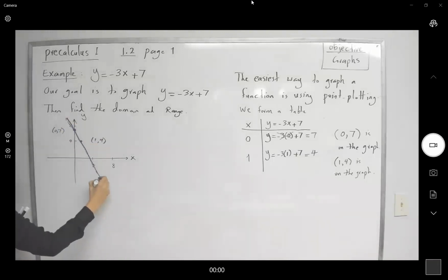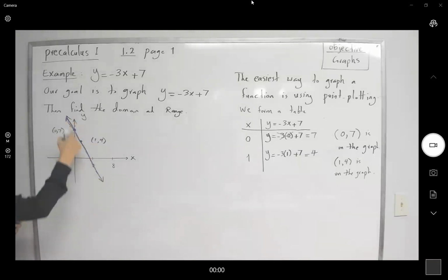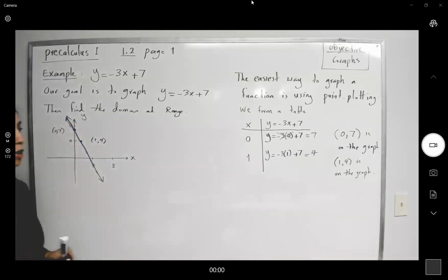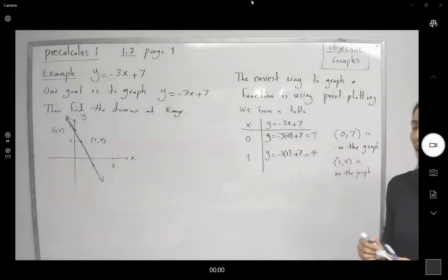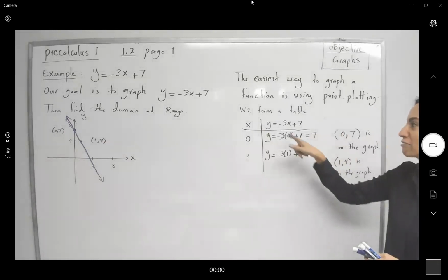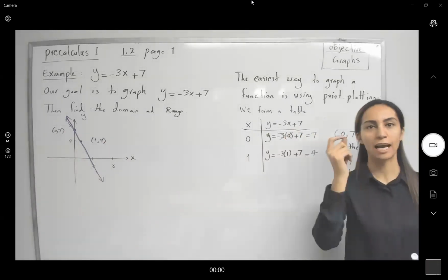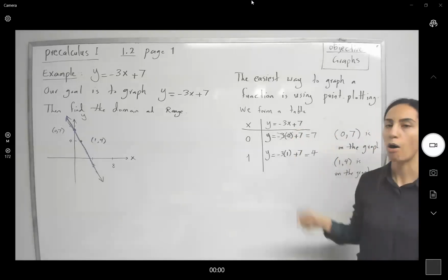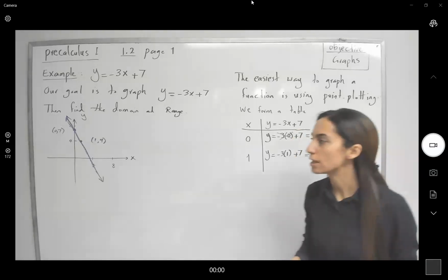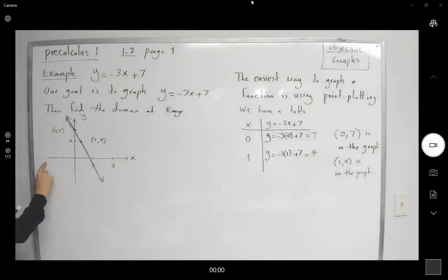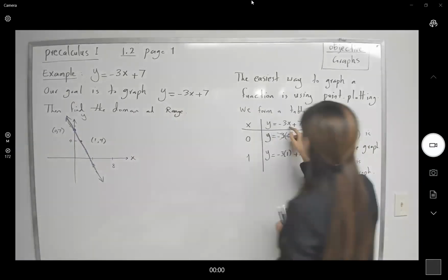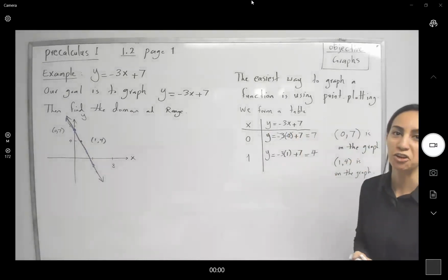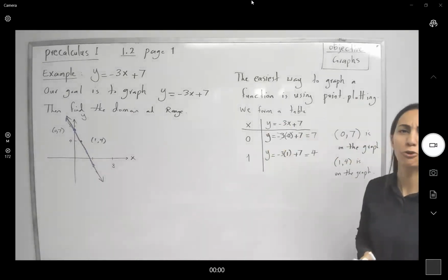Remember that we are allowed to connect these 2 points by a line. Why is that? Because I can freely take values for x. x can be a half, x can be radical 2, x can be pi. You're allowed to take any value on the horizontal line on the x-axis and plug that into the definition of your function and get some value for your y.